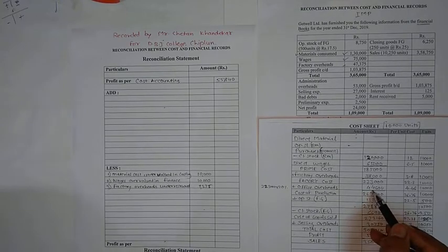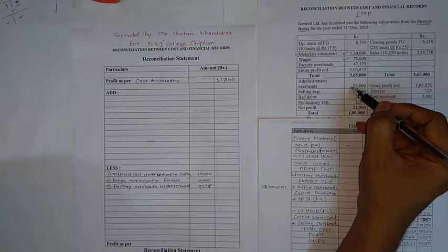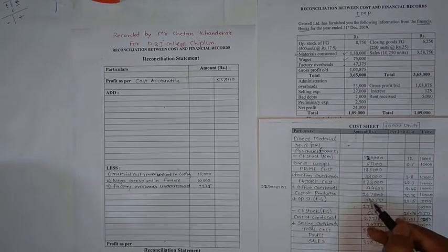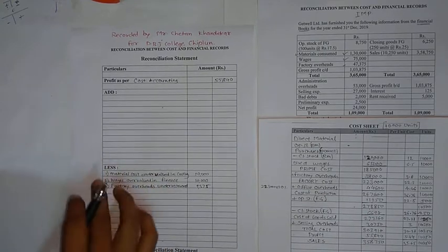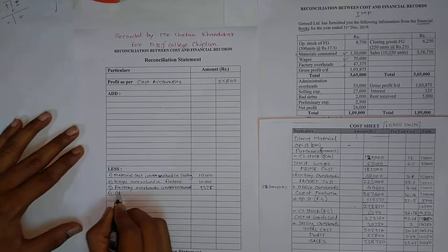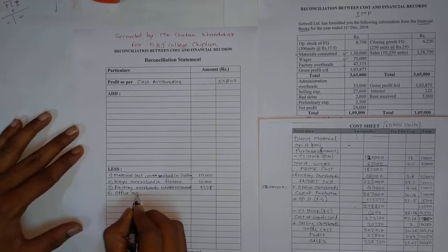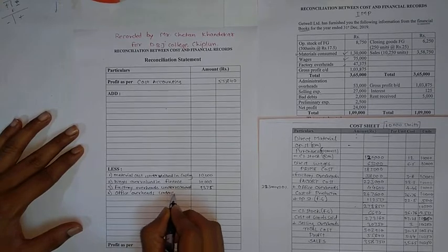Next is office overheads 44,600 as per costing, and here it is 53,000. Same thing continues, it is overvalued in finance, so here it will be office overheads under charged.